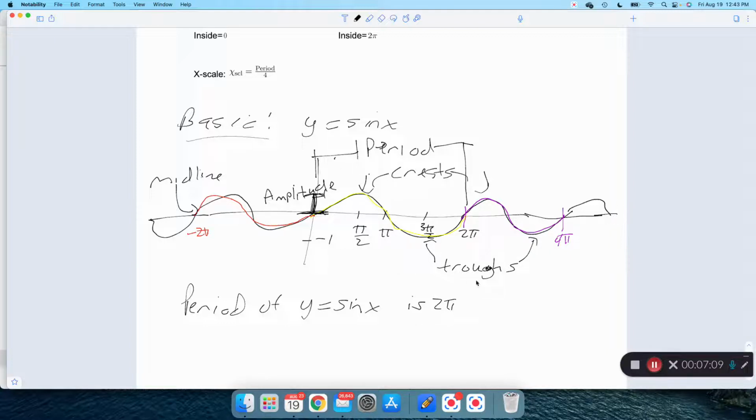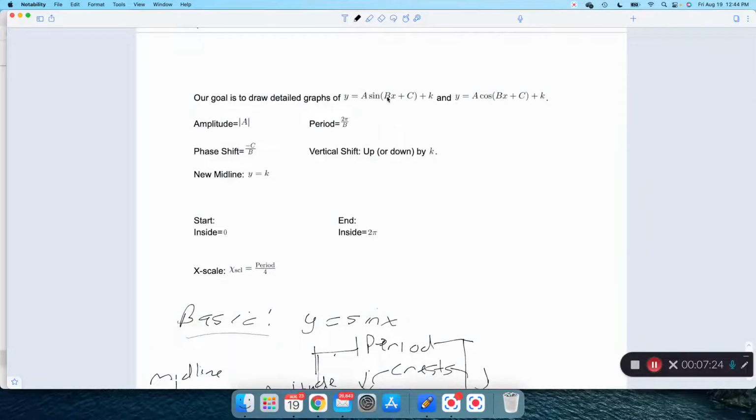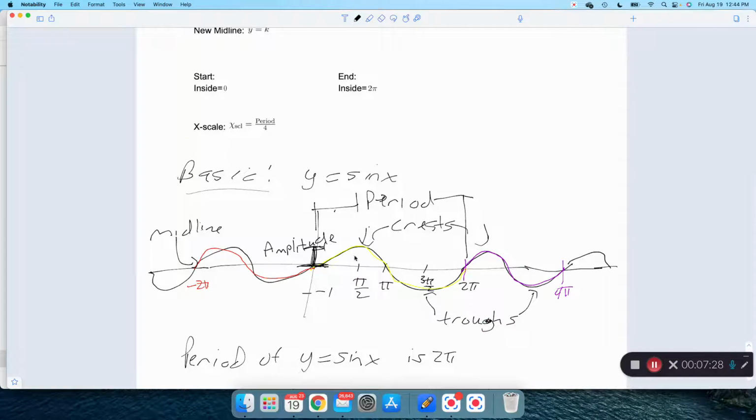Okay, so this is the basic graph of regular old sine of x. What we're going to do today in this video is play with that period. If I were to throw a number, a b value, in front of the x, that will change the period. It will make this thing oscillate faster or slower. Later on, we're going to shift it around.